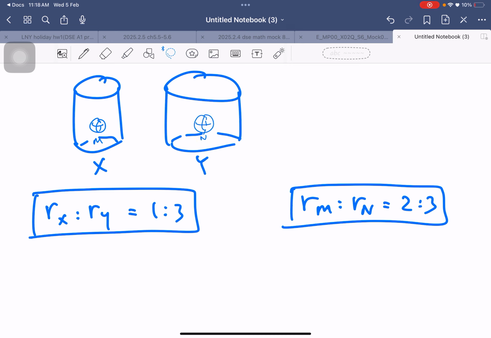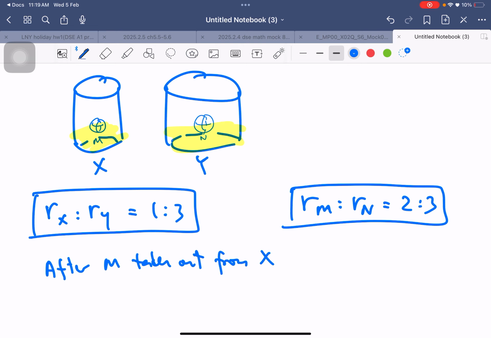Originally there's some water inside the X and Y. And after I take out the M from the X, so I take out this ball from the X, then the water level is decreased by 1 cm. So after M is taken out from X, the depth decreased by 1.